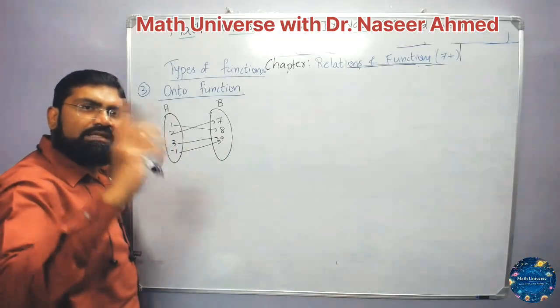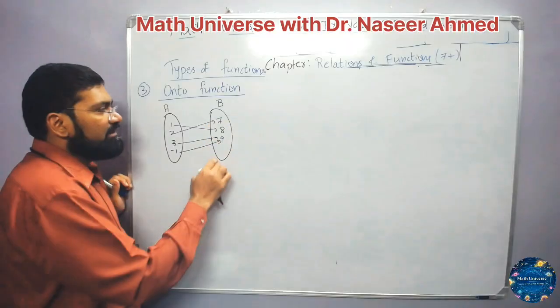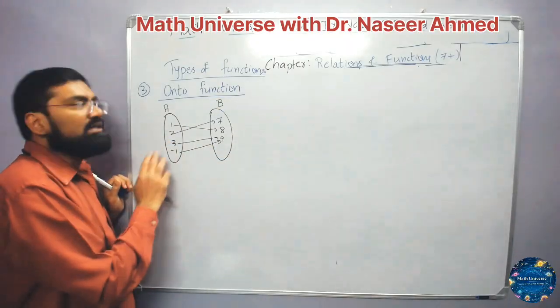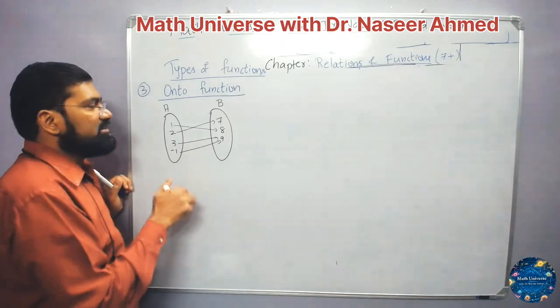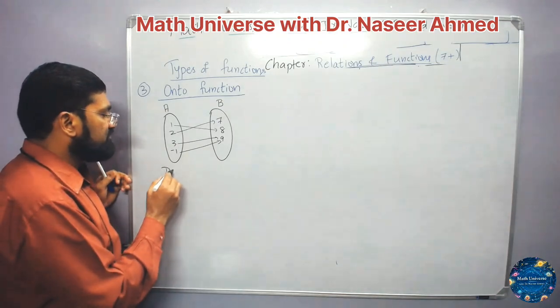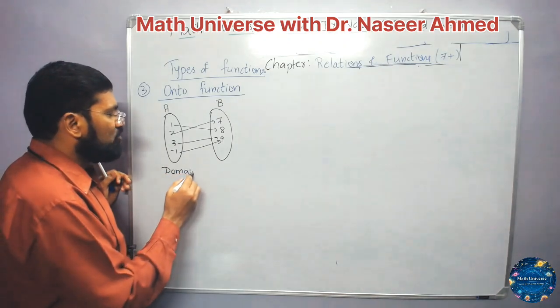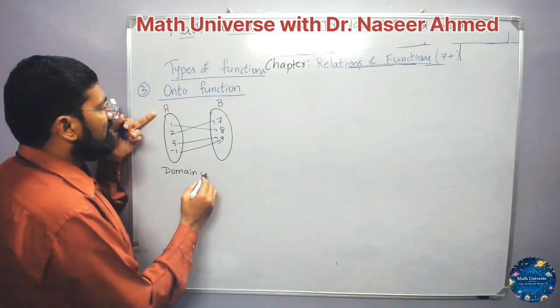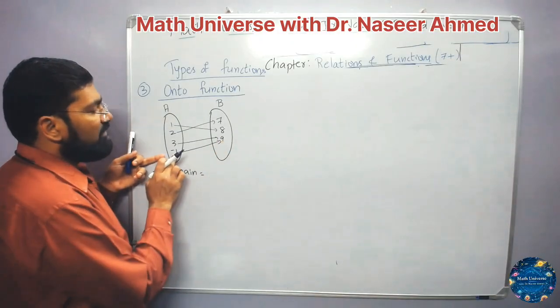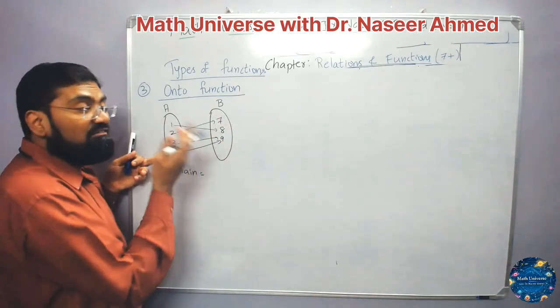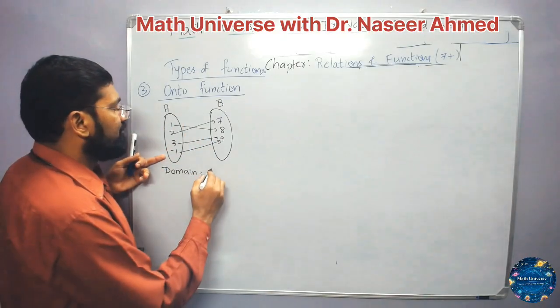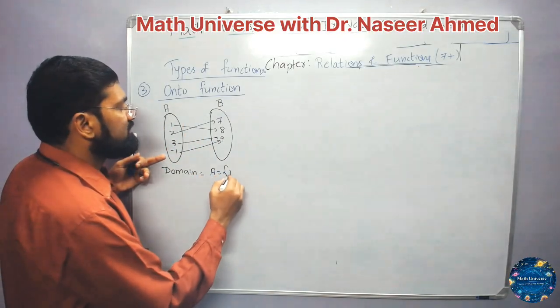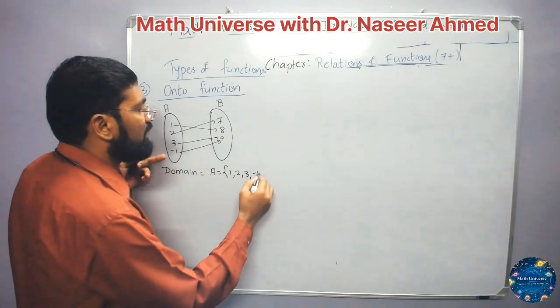Even if one element is missed, that is, this element doesn't have a pre-image, then it's not onto. In short, see this. What is the domain of this? First set A. Why? All the elements have got an image. Even if one element doesn't have an image, it's not a function. When it is not a function, there is no talk about types of function. So domain is A. Elements are 1, 2, 3, -1.